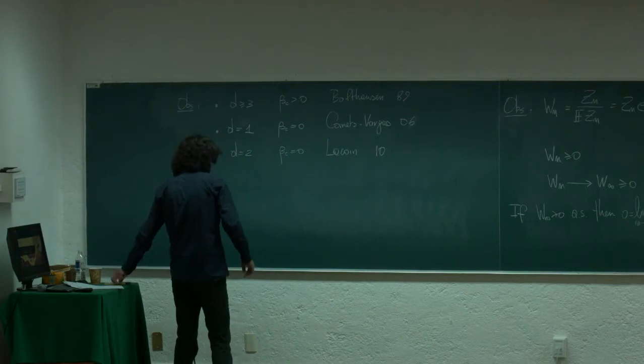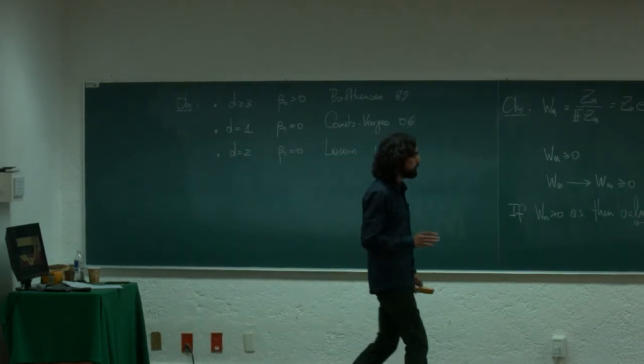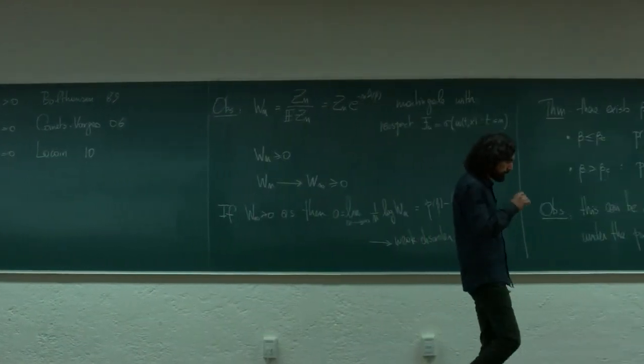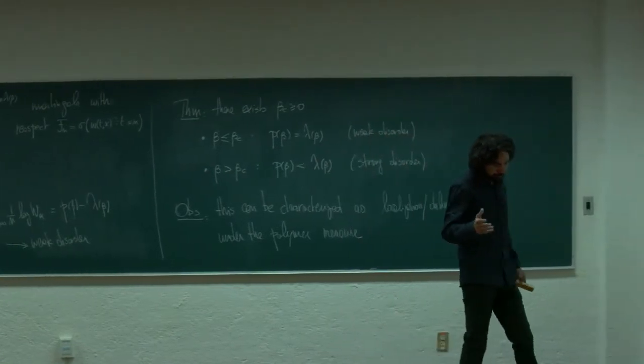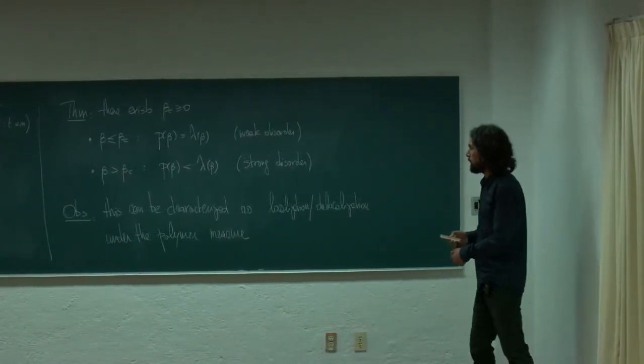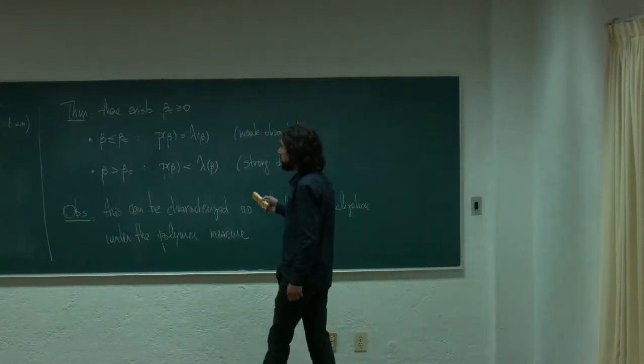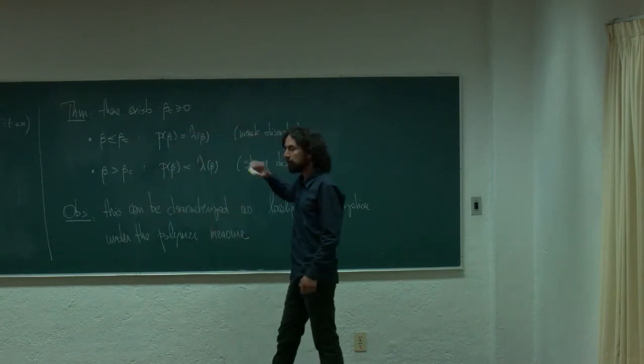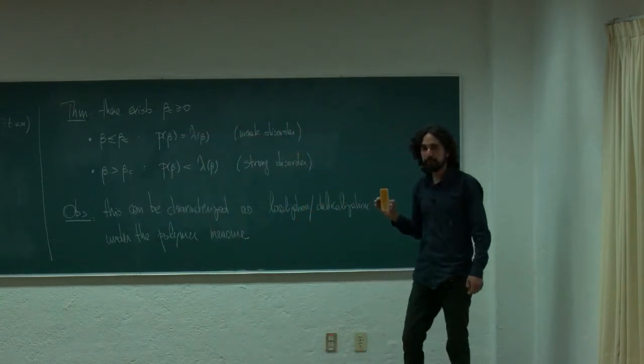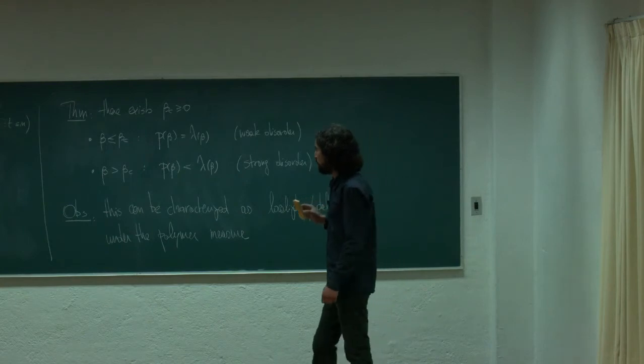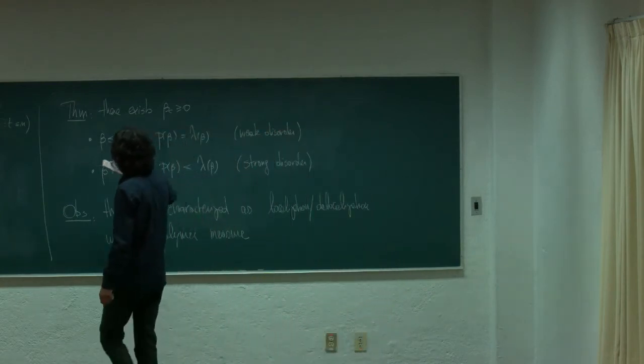Okay, so this was just to settle the problematics. So now I will turn to the model on the tree. And this is a situation where you can give a complete characterization of this phenomenon. You can give a precise value of beta critical.